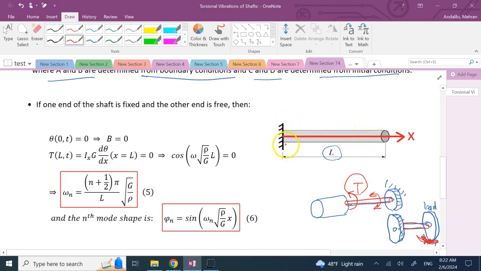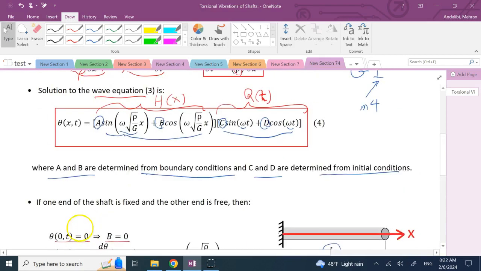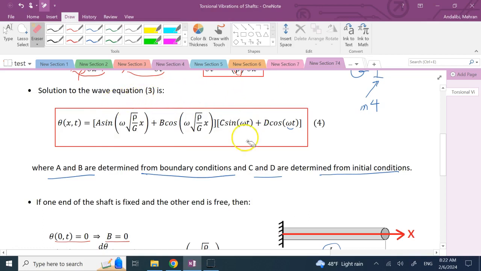This one end of the shaft is fixed, that means theta should be 0. So at x of 0 here, theta is 0, that means b has to be 0. Why b? Because if we plug in x of 0 in this equation, what do we get?